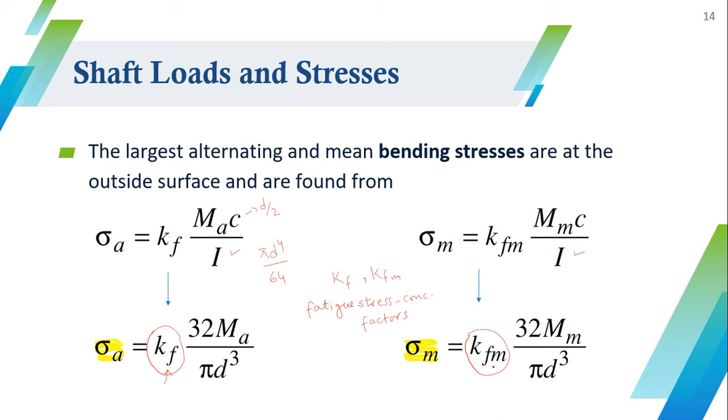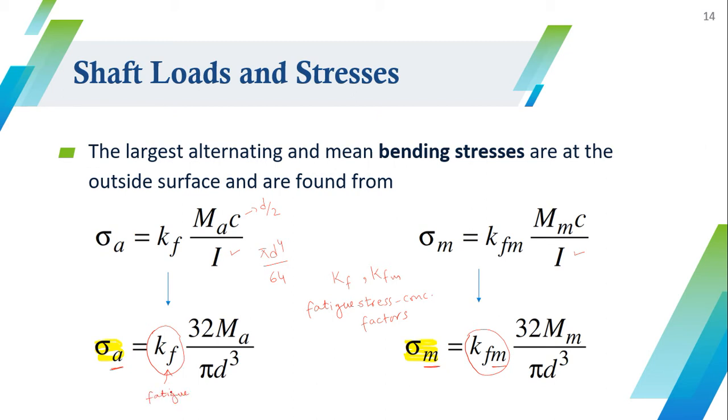M here represents that this is the fatigue stress concentration factor for the mean component, while for the alternating component we do not have a subscript, and F here represents fatigue.